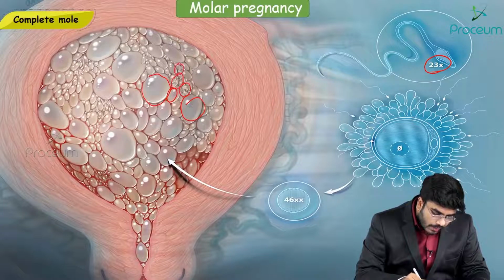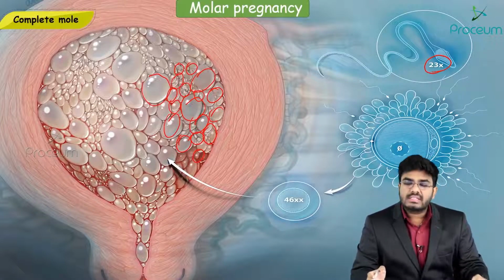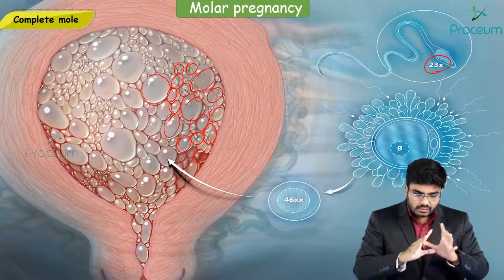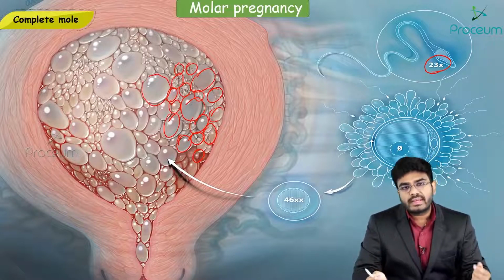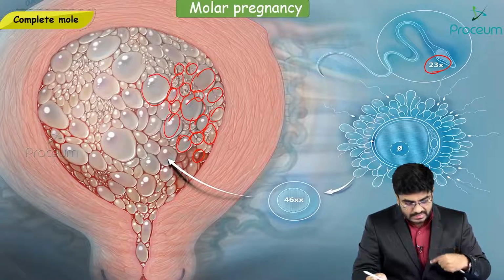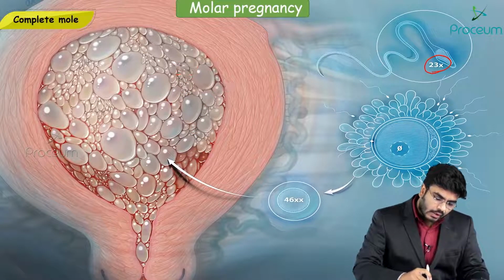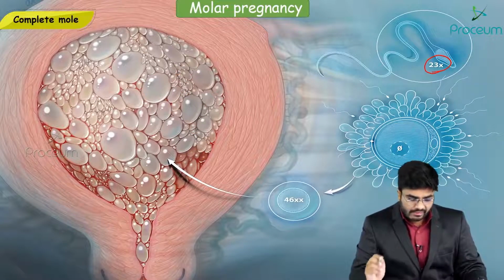It occupies the entire uterine cavity. The entire uterine cavity is going to be filled with this cyst-like material. These cysts are nothing but trophoblastic tissue, totally crowding up the uterine cavity. There is no fetal tissue growing. This is entirely trophoblastic tissue which is completely occupying the uterine cavity.